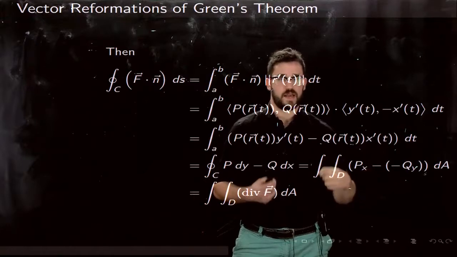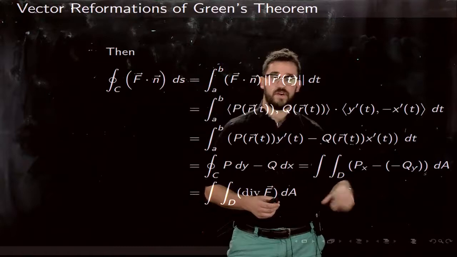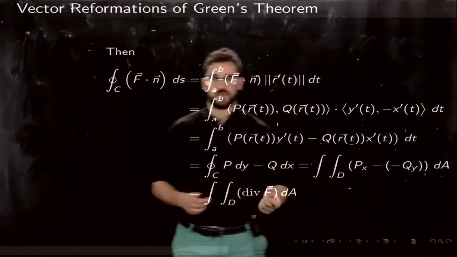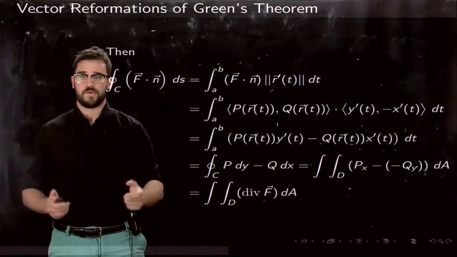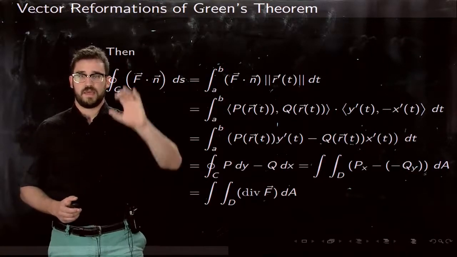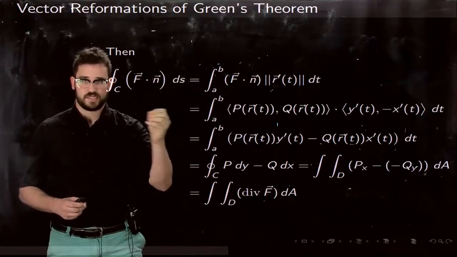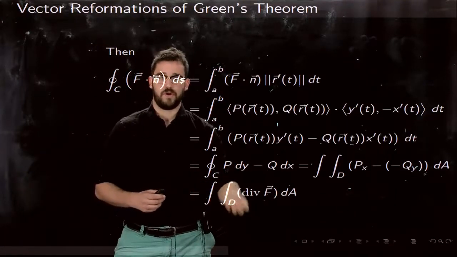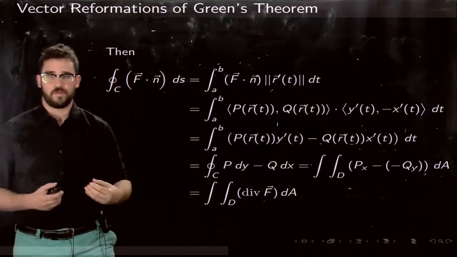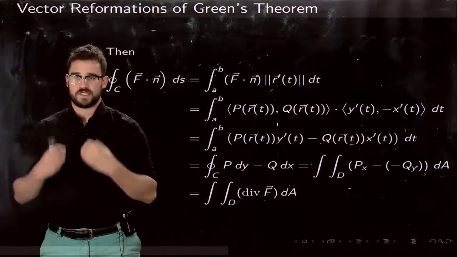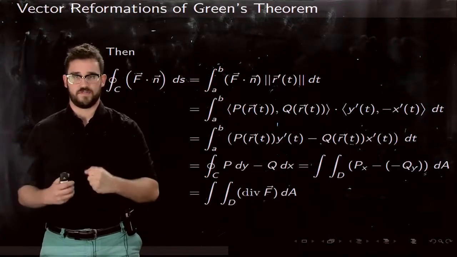But what is Px plus Qy? Because we don't have a k component, it's just going to be the divergence of our original F. So another reformulation of this theorem is if we have this F dot n ds, it's just going to be the double integral of the divergence of F dA. So hopefully these reformulations of Green's theorem give us some more mathematical tools with using curl and divergence.